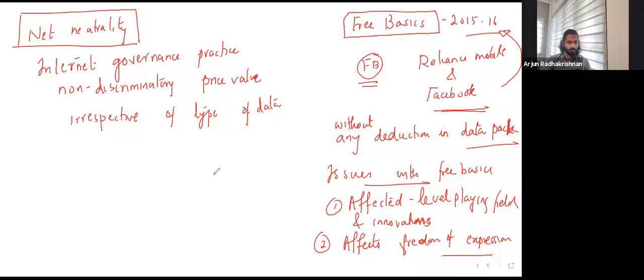And third problem, internet service providers, ISPs, were becoming content determiners. So they will decide what type of content you have to put, where you have to put the content, etc. Because they are giving it free of cost.